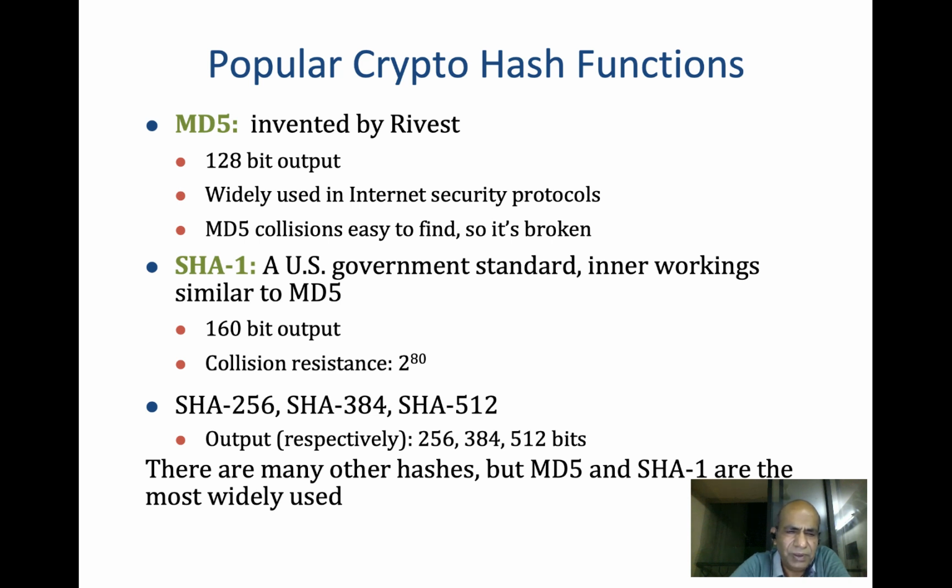And stronger hash functions are SHA-256, SHA-384 and SHA-512, which use 256, 384, and 512 bits respectively. SHA-256, 384, and 512 are very difficult to break.